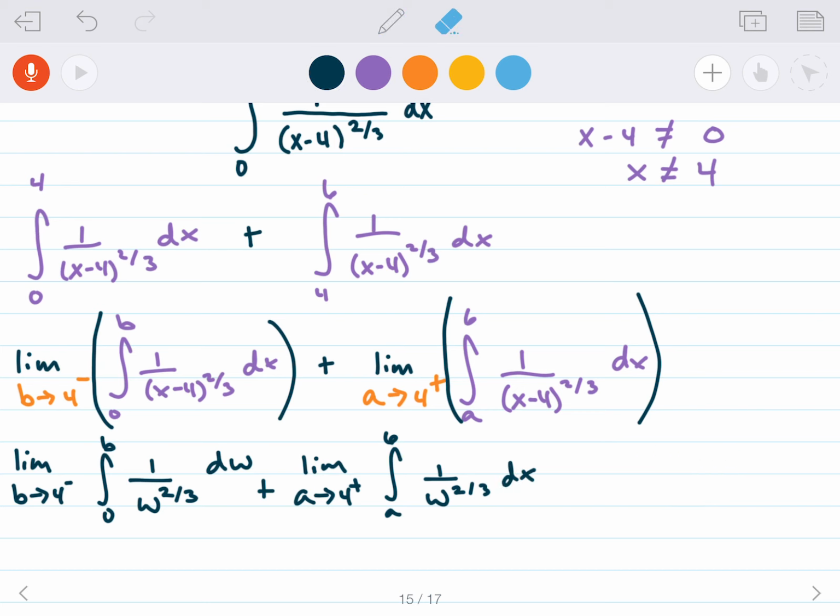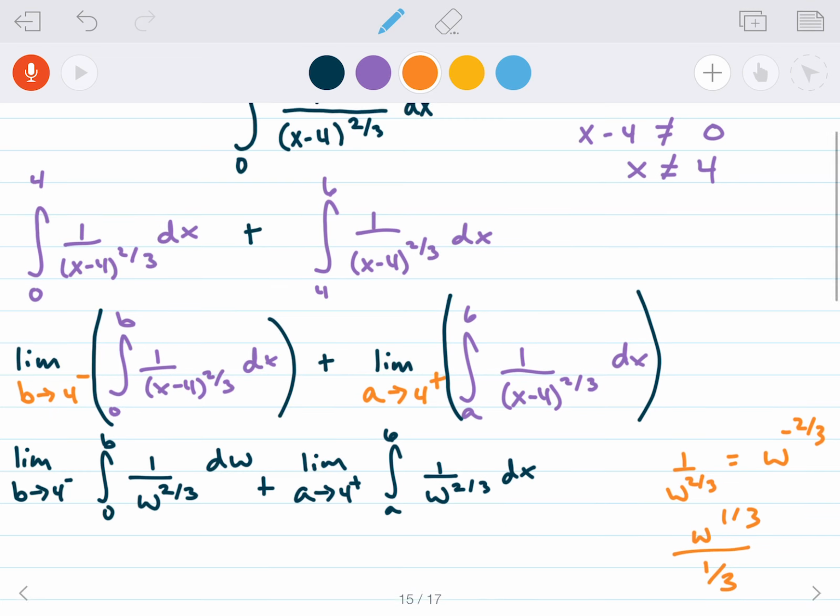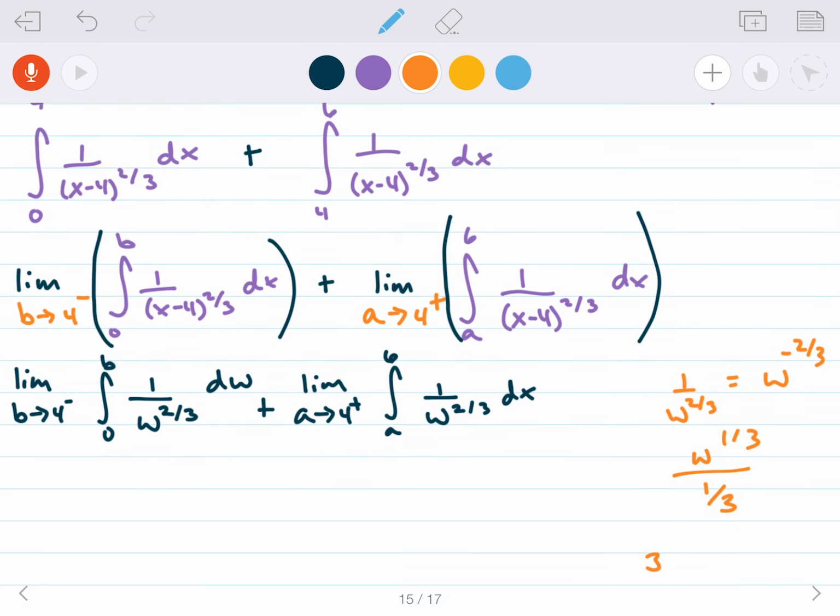All right, so this is a pretty easy antiderivative to find, this 1 over w to the 2/3. So this is the same thing as w to the negative 2/3. And so if I add 1 to it, if I add 3 over 3, I get w to the 1/3 over 1/3, which is the same thing as 3w to the 1/3. All right, so let's go ahead and do that here.